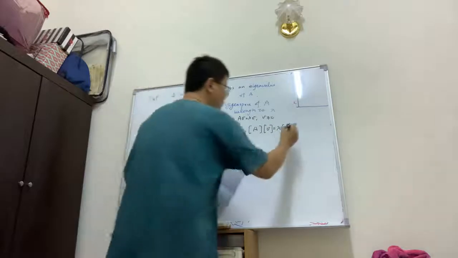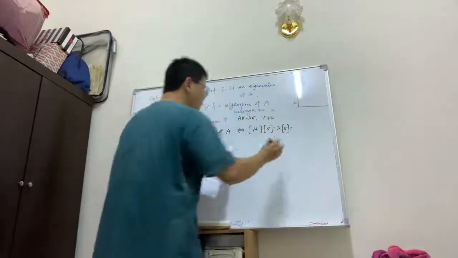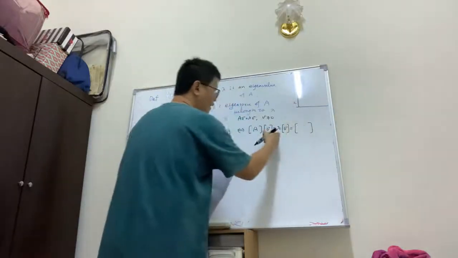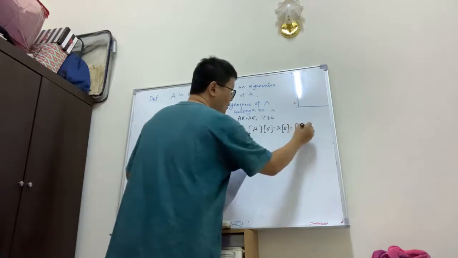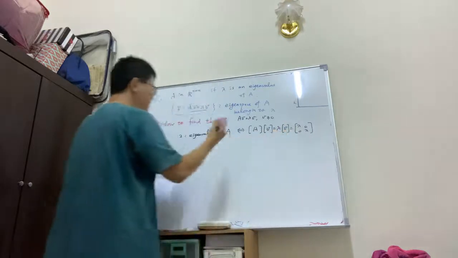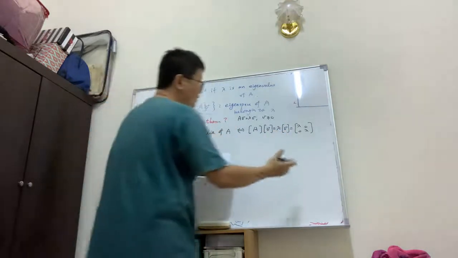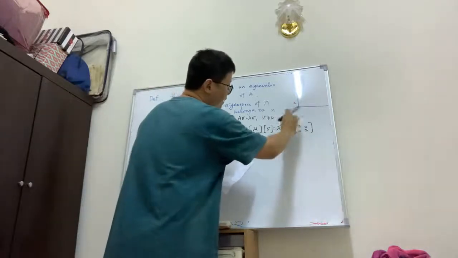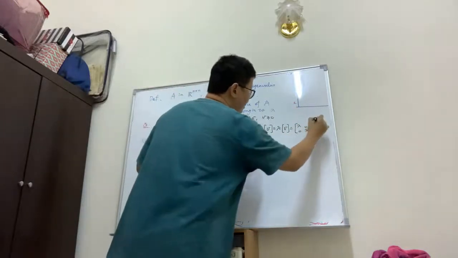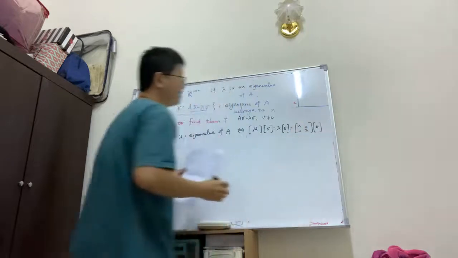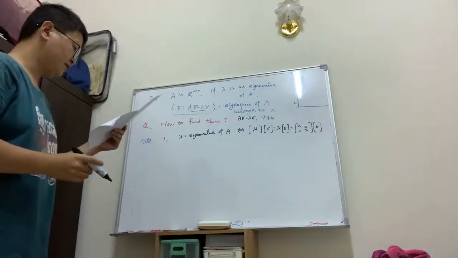And you could view lambda this way, as a matrix with lambda on the diagonal and 0, 0 elsewhere. If it's just 2 by 2, okay, even n by n, just n entries of lambda. This is true, right?